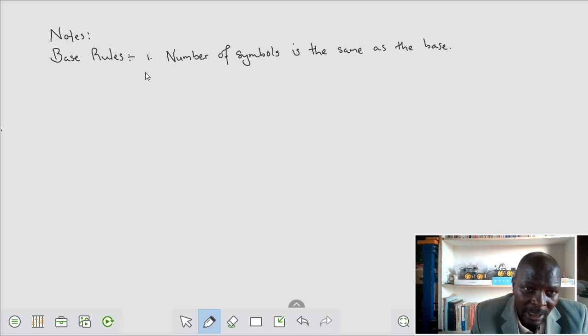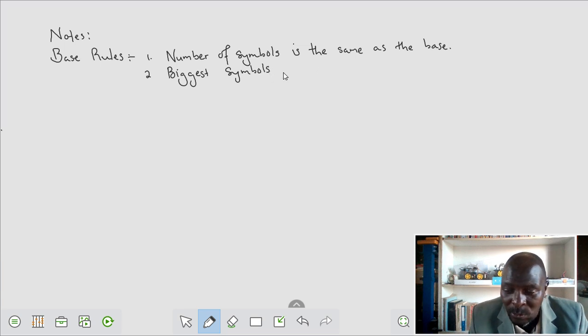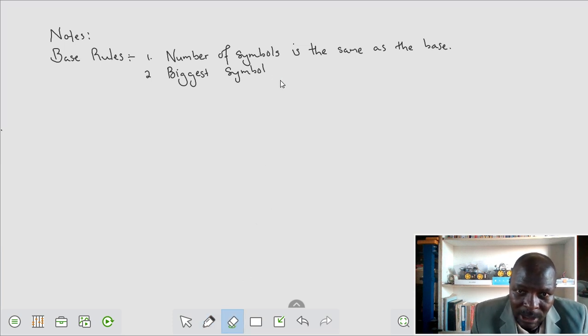All right, and then biggest symbol. You saw how 9, which is 10 minus 1, and 1, which is 2 minus 1. The biggest symbol is always 1 less than the base.